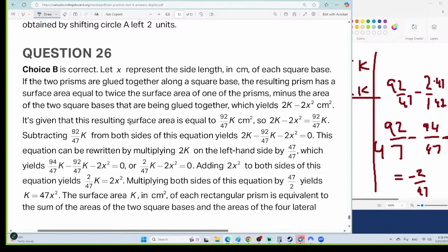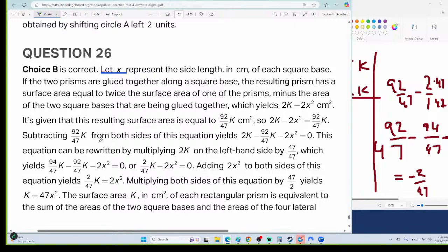Choice B is correct. Let x represent the side length in centimeters. Oh, I did this. First of all, they represented x as a side length, which I did the same thing, so it should be very similar to what we did. The prisms are glued together at the square base, so the surface area equals the sum of the surface areas of the prisms minus the area of the square base, which yields 2k minus 2x squared centimeters.